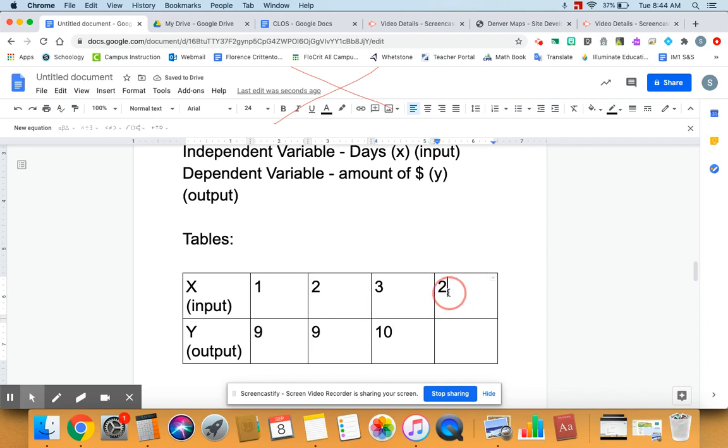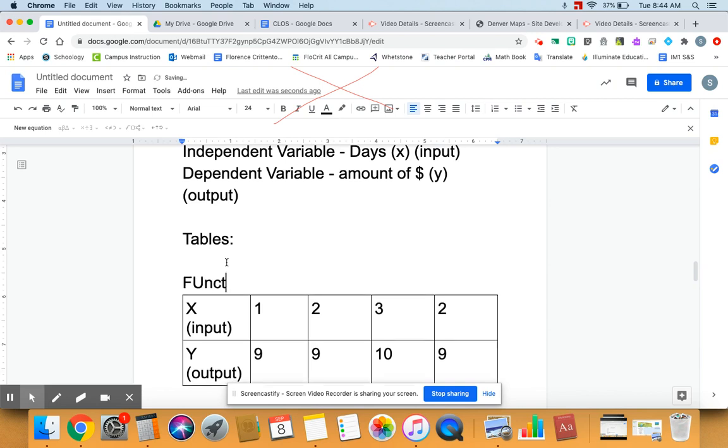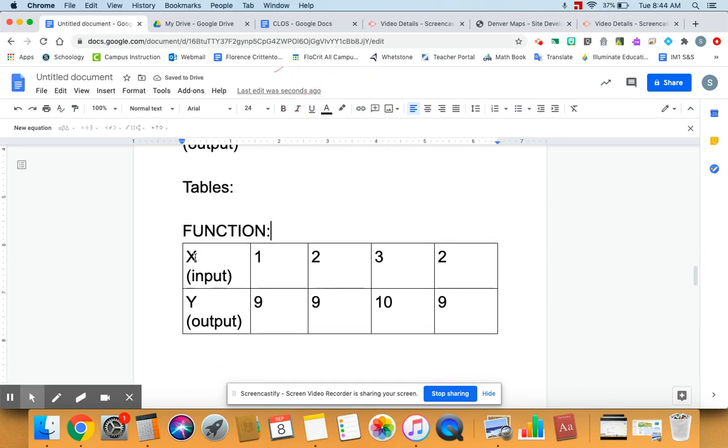Now, look, I'm putting 2 in again. I'm putting the same input in there twice. If I get out 9, like I did the first time, then yes, this would be a function. Yay. However, if something got put in there that was not 9, then it is not a function.